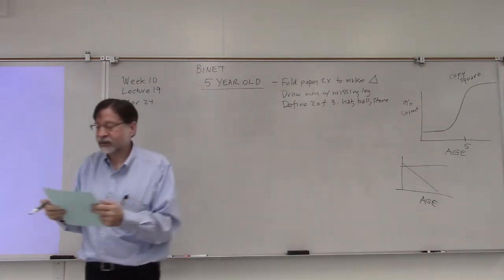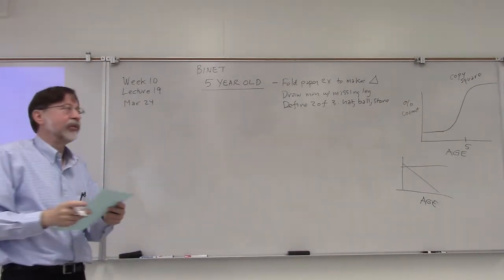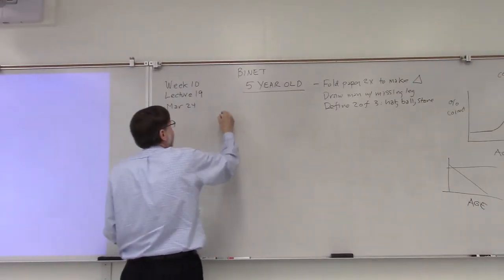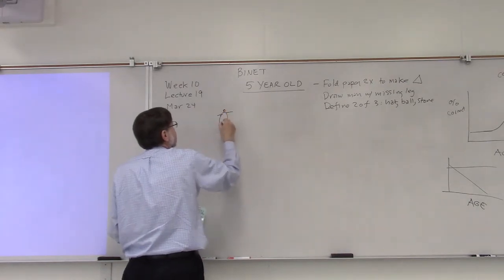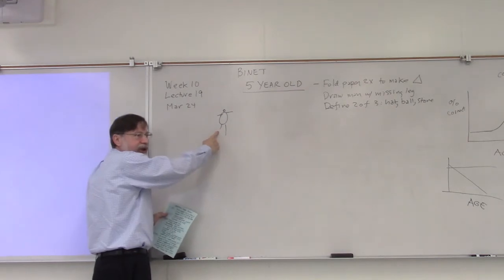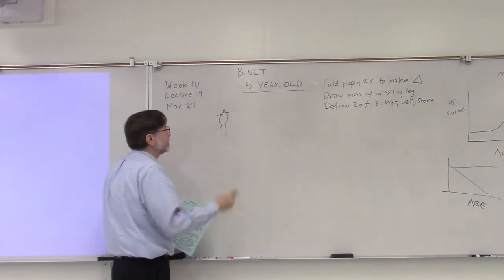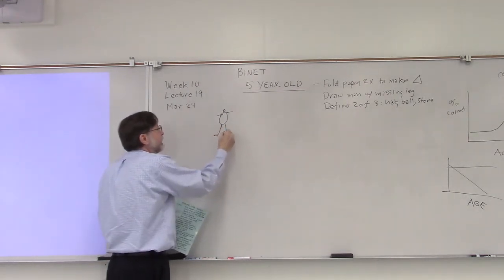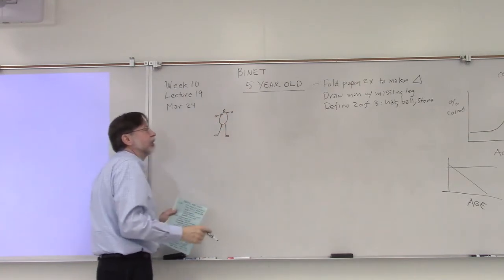Say to the kid, I want you to draw a picture of a man with a missing leg. And if they draw something like this, you say, what's that? And they say, oh, that's his missing leg. Okay. On the other hand, if they just draw a regular man, then that would score wrong.